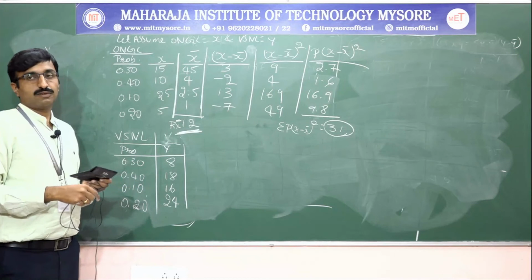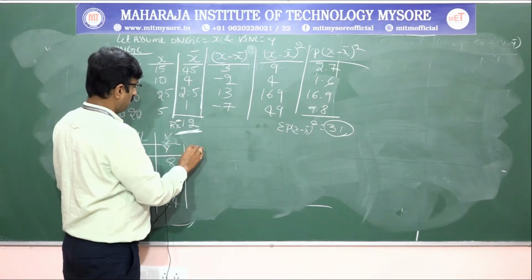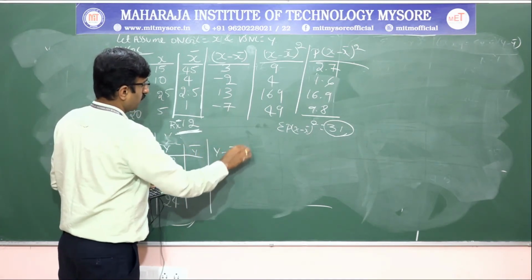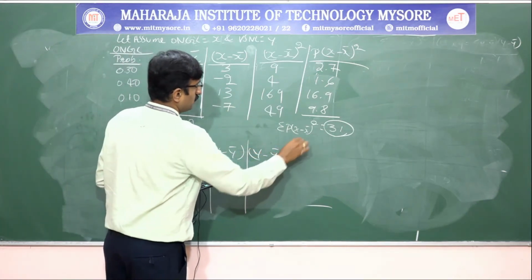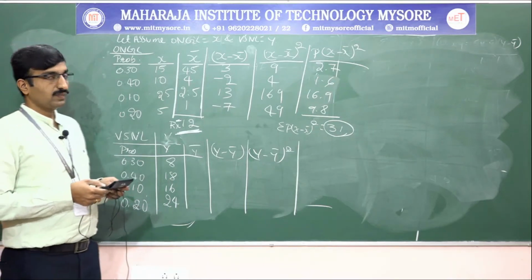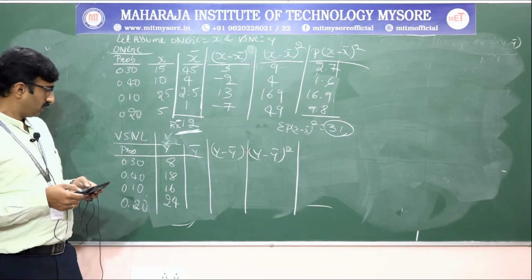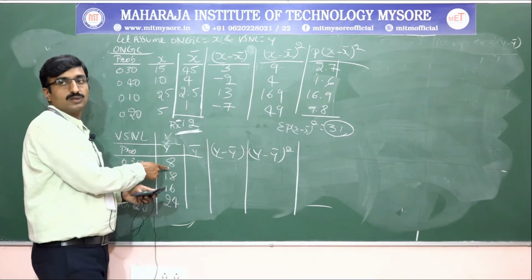Okay, fine. Same thing you do for Y also. Find out Y bar, then Y minus Y bar, Y minus Y bar whole square. 0.30 into 8, how much you are going to get?